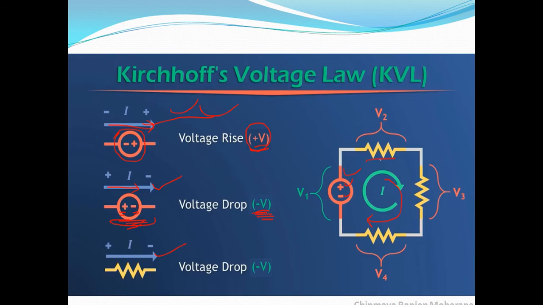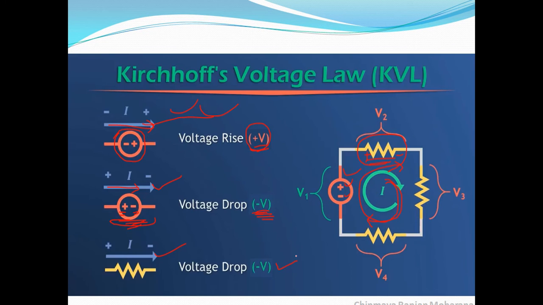And here also in elements, if we consider this the positive sign and this the negative sign, and we reference the loop in this direction, then our result will be a voltage drop, negative.